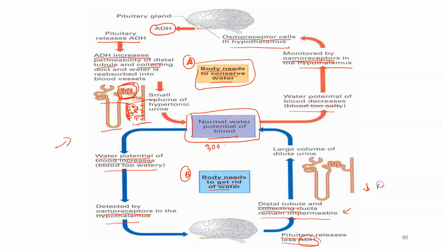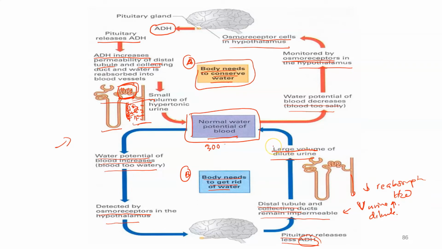So when less reabsorption of water occurs, the volume of urine will increase. So urine will become very dilute. So a large volume of dilute urine is produced.